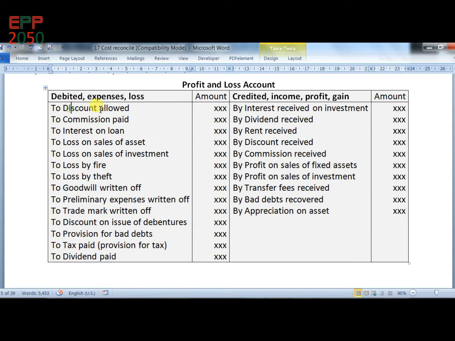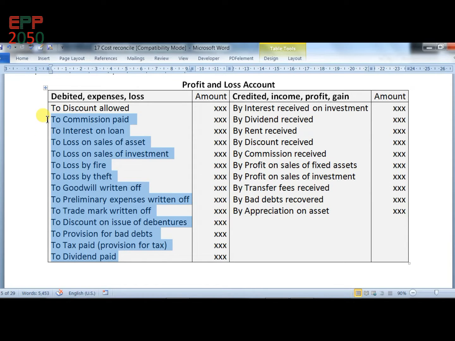First of all, discount allowed, commission paid, interest on loan, loss on sales of assets, loss on sales of investment, loss by fire, loss by theft, goodwill written off. Not only the goodwill, all the written off transactions are only recorded in financial account, like preliminary expenses written off, trademark written off, and discount on issue of debenture, provision for bad debts, tax paid or provision for tax, dividend paid.